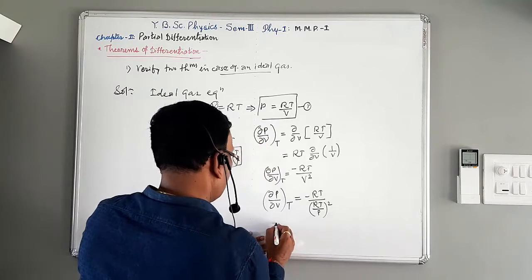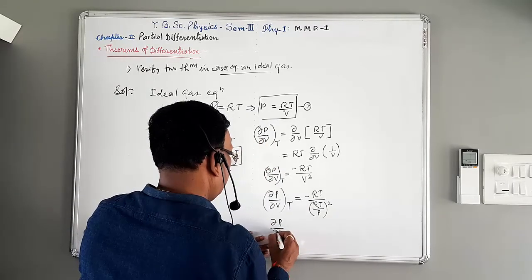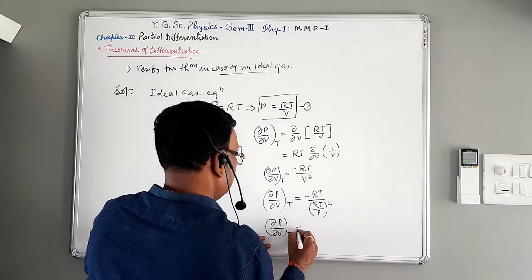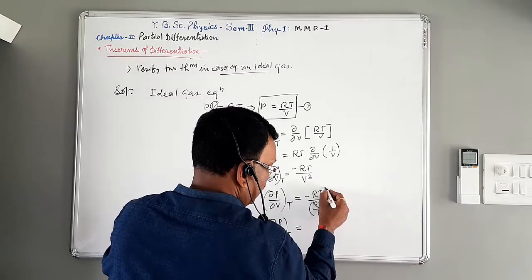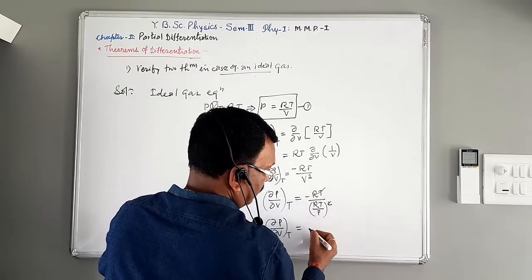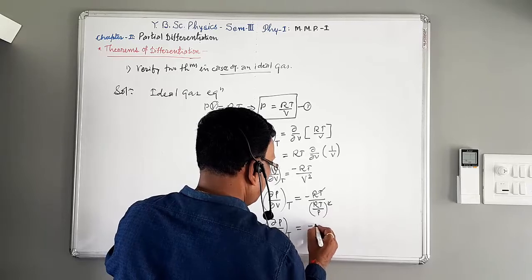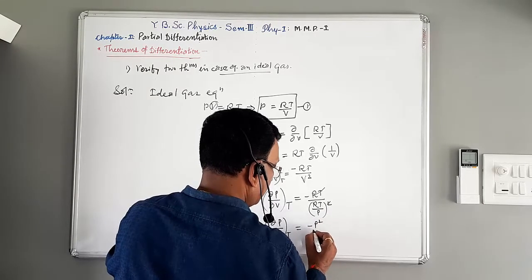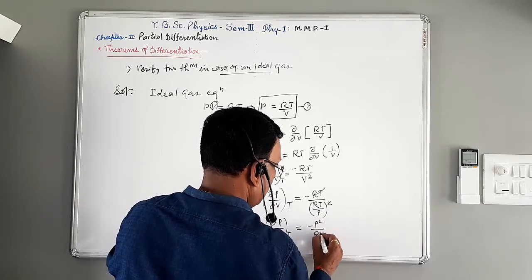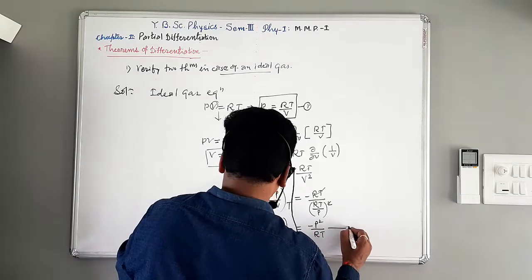Or we can write ∂P/∂V at constant T is equal to, this single RT is cancelled with RT square, and we have minus P square upon RT. This is equation 2.